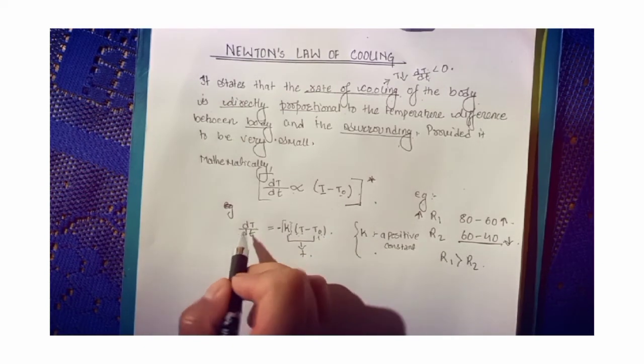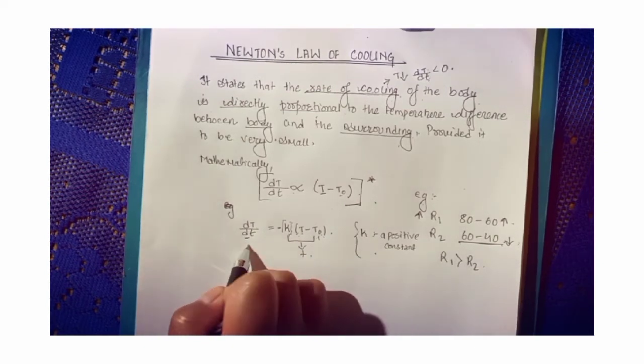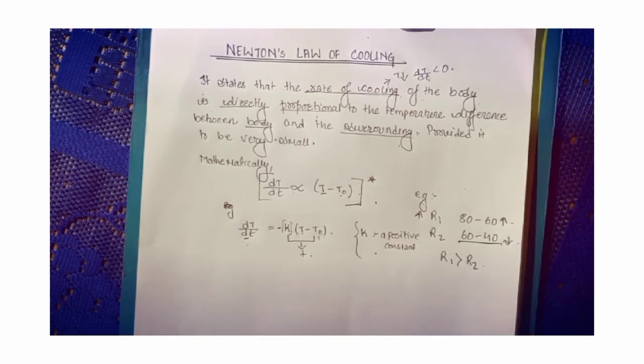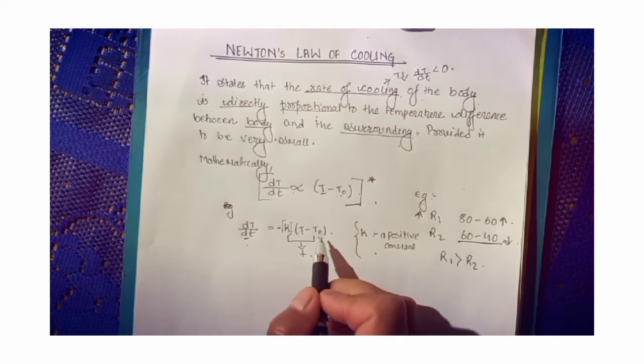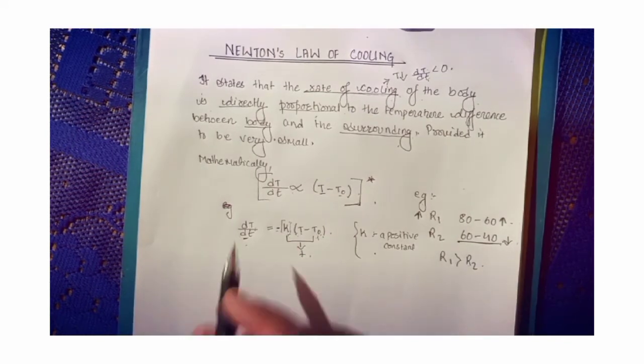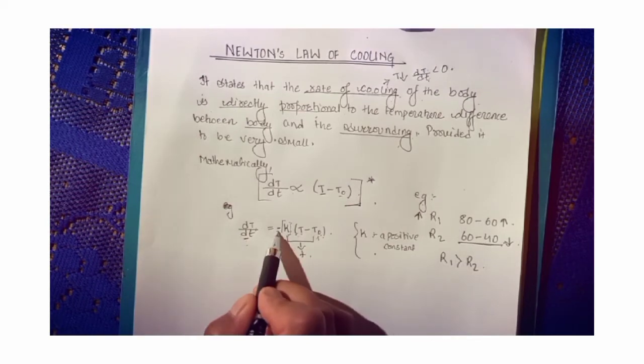So this term will be negative. Here is a decrease in temperature because the temperature of the object is greater than the surrounding temperature. So the negative sign is over here.